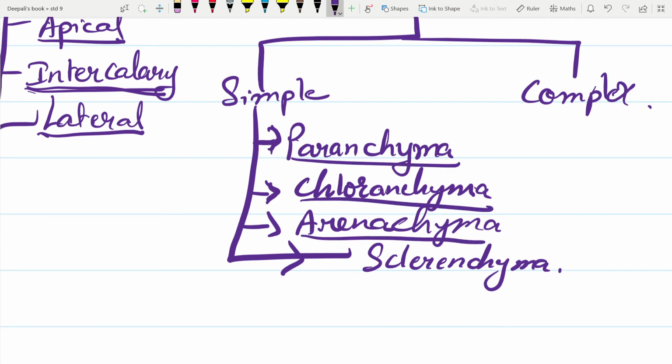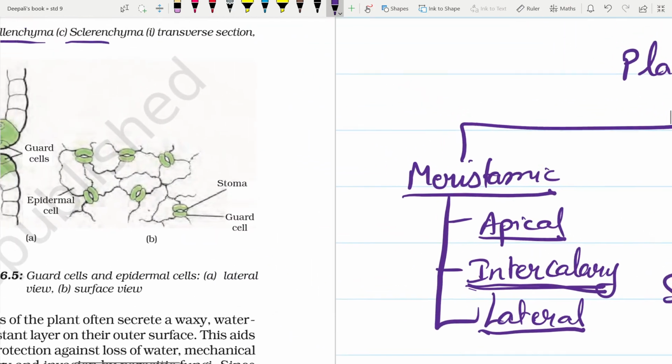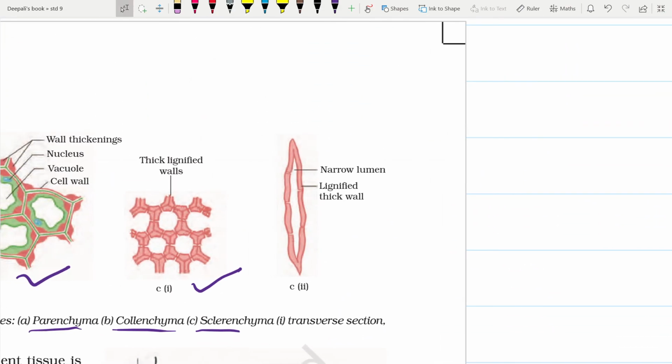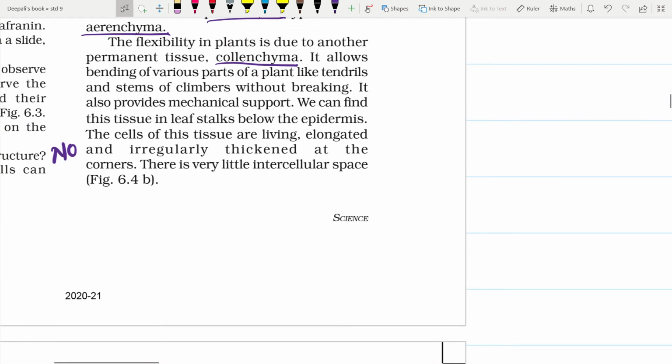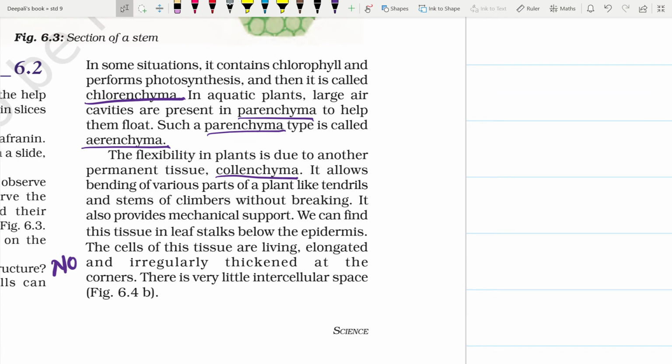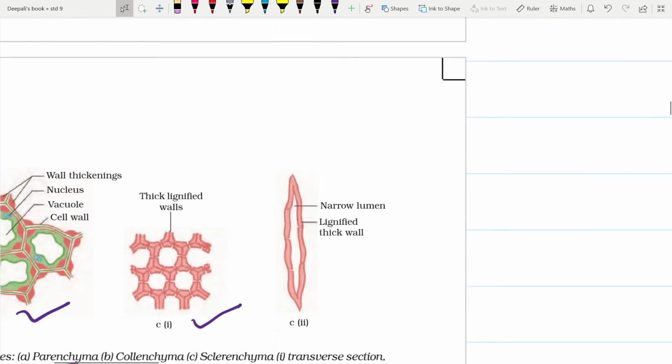Are you understanding? These are the basic classifications of the simple permanent tissues: the parenchyma, chlorenchyma, aerenchyma, collenchyma and sclerenchyma.